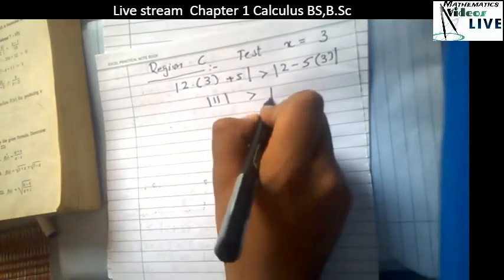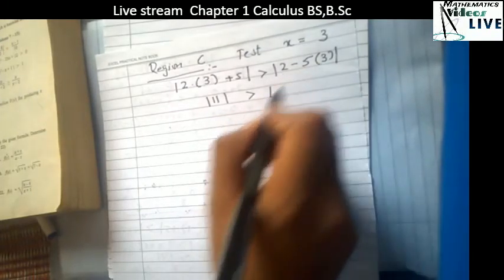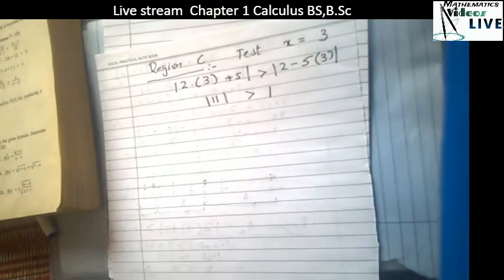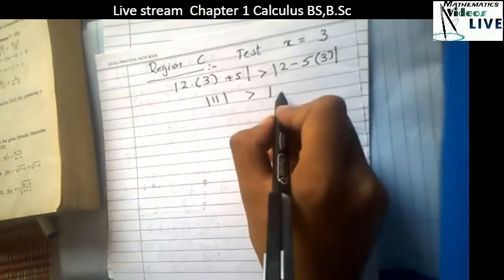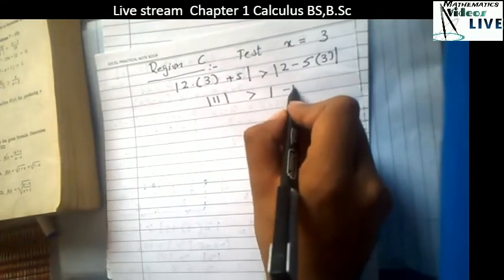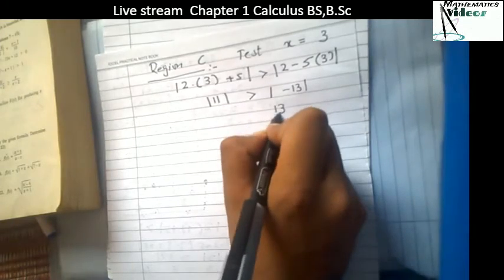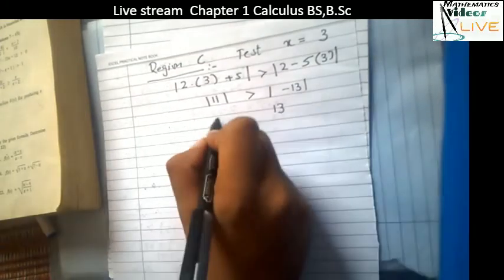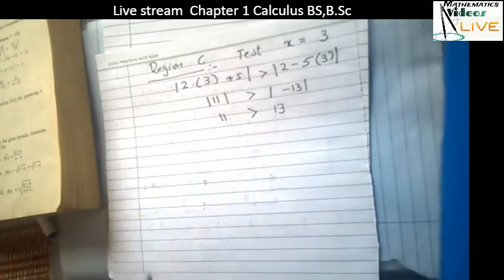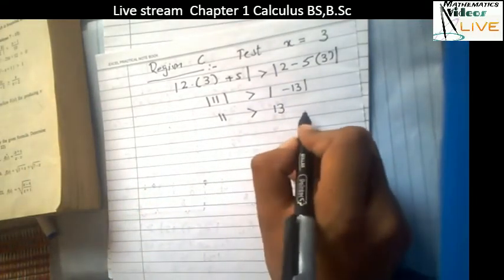Test x is equal to 3, and you will put it into inequality number 1, that is your given inequality. Absolute value of 2x plus 5 is greater than absolute value of 2 minus 5 times x.